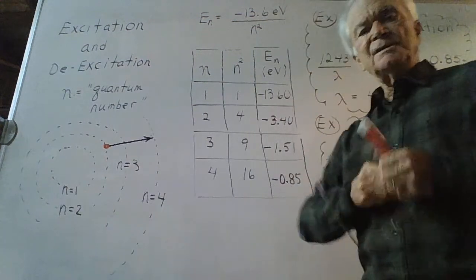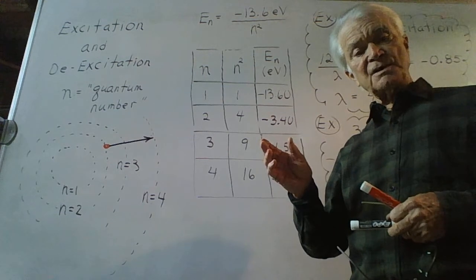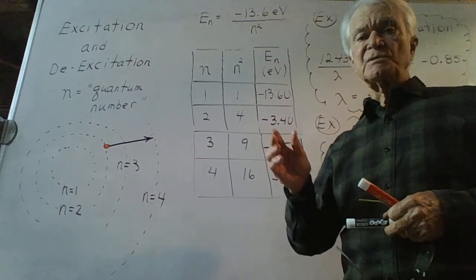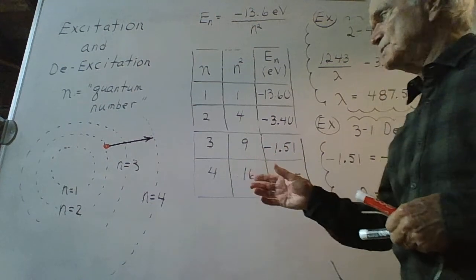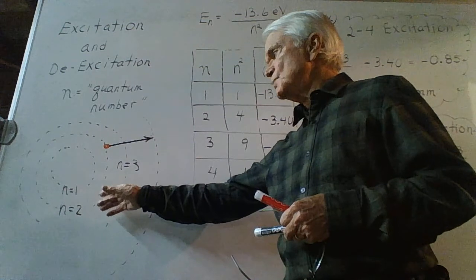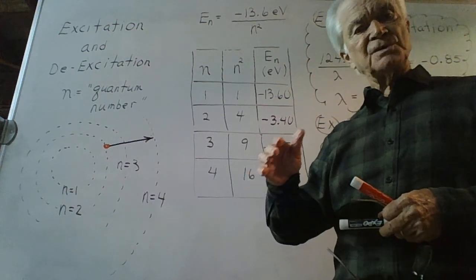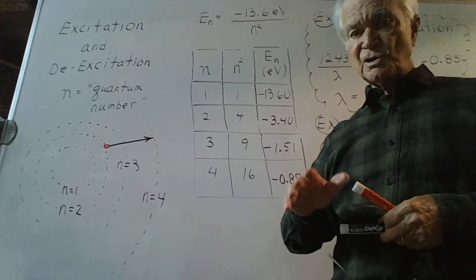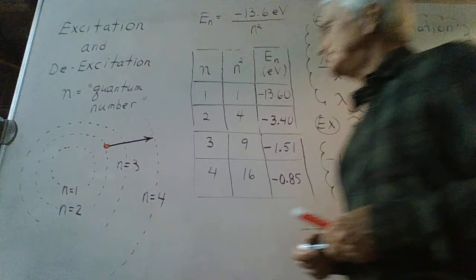we'll look at the reverse process, which is a de-excitation of an electron, also known as the relaxation of an electron. All of the electrons that happen to find themselves in a quantum state other than one are capable of falling down into the so-called ground state, the lowest lying state, the n equal to 1 state.